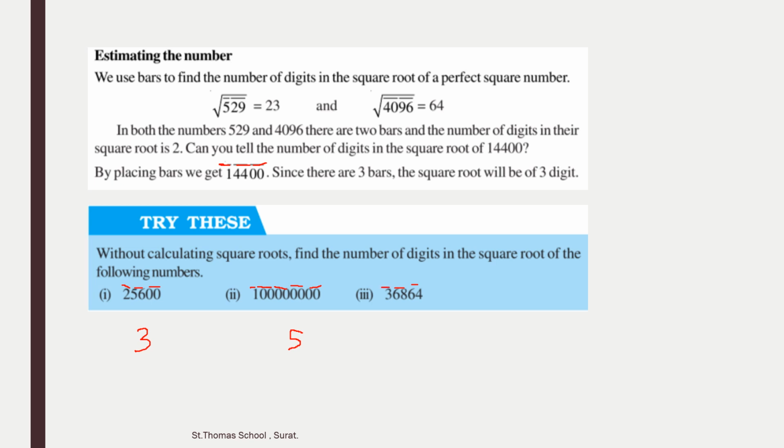Okay, so 1, 2, 3. 3 bars. So therefore, the number of digits in the square root of 36,864 is 3. So what have you learned? If there are 3 bars, its square root will have a 3-digit number. If the number has 5 bars, then its square root will have 5 digits. It's clear?